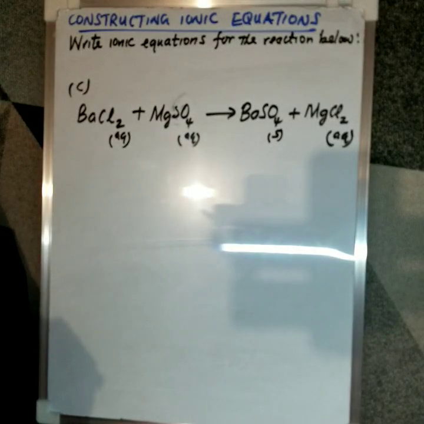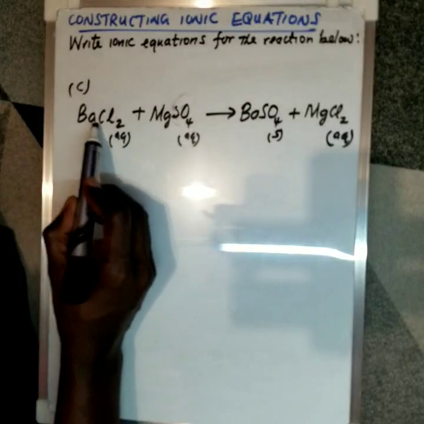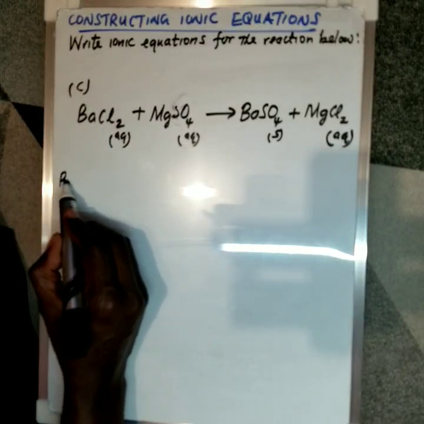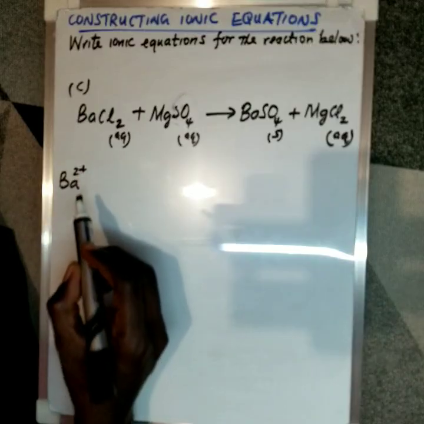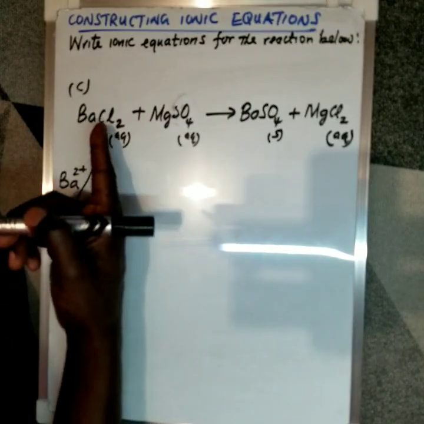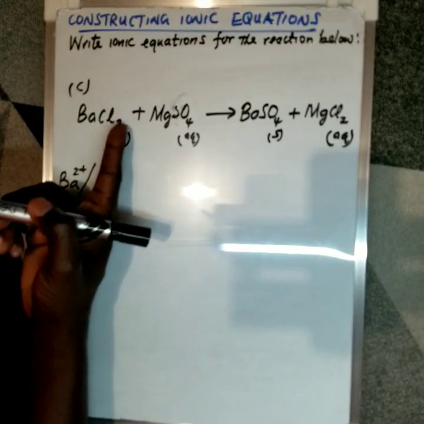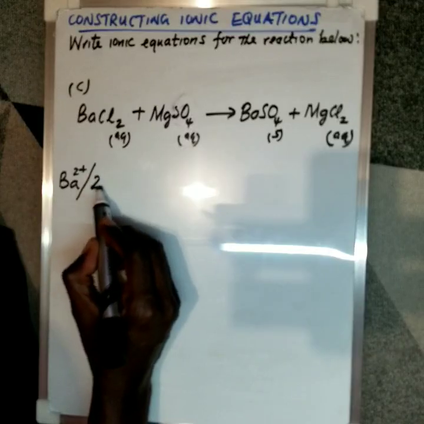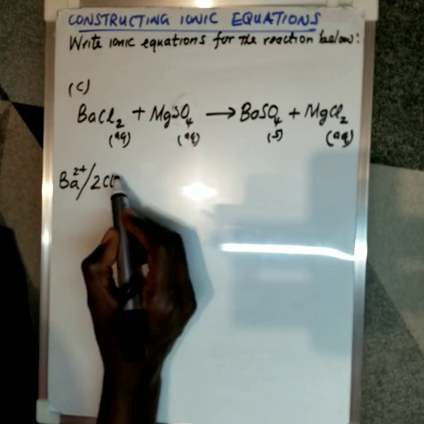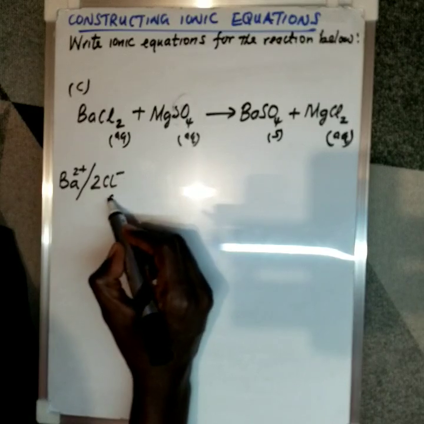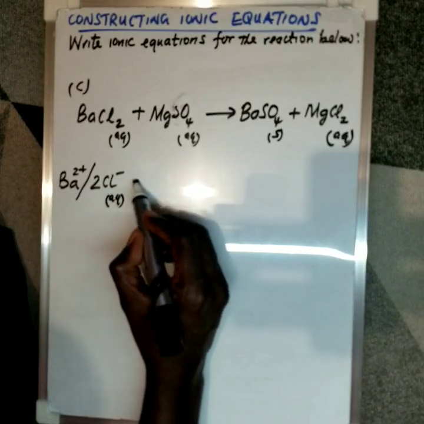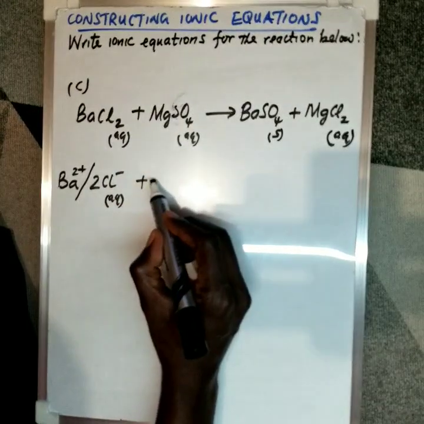So let's try to split up those that are soluble, ions that are soluble. When you split up there, I'm going to have Ba. Barium has a valence of 2, so it will be 2 and it will carry a positive. Remember what I said, if it's at the bottom, take it in front, so that 2 comes in front of the chlorine, and chlorine has a valence of 1, so I'll give it just a negative. This is still in aqueous. Plus here again, magnesium.